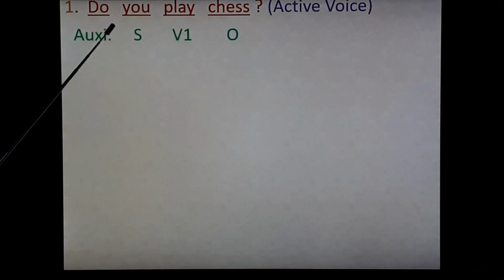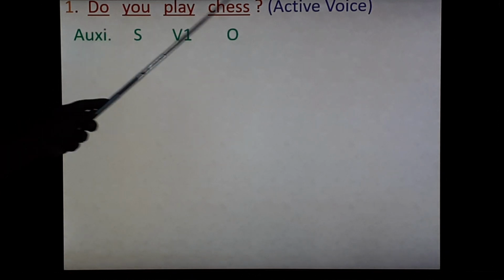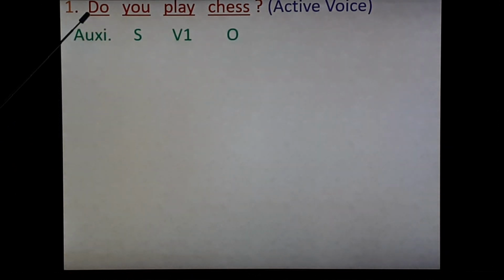And this is an example of active voice, and simple present tense is given. Why? Because do is given. Do you see here any by or V3 form? No, it is not given. That's why this is a sentence of active voice.